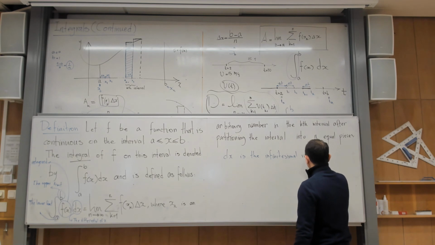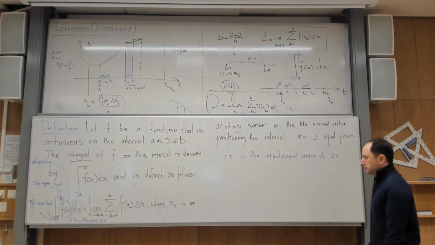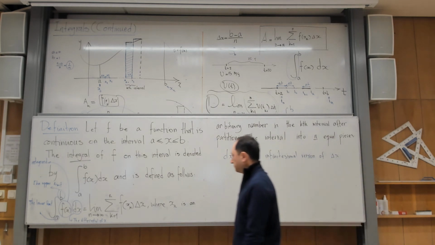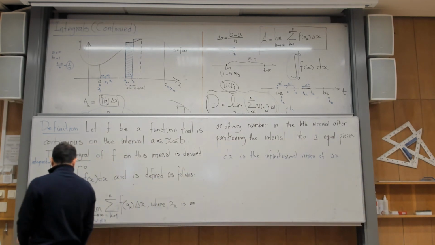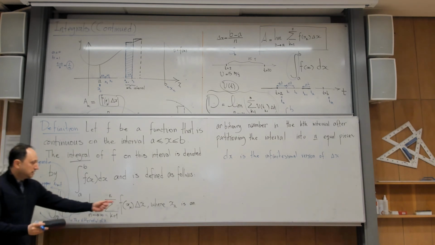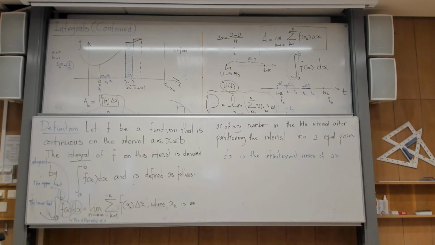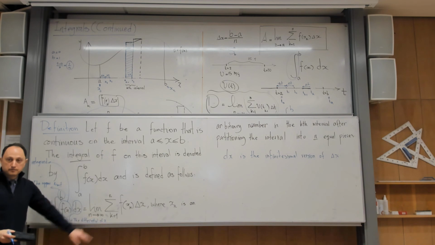And it has another role for you, I will talk about that, but you can imagine a very, very small delta x, we call it dx. So these names I want you to know: the lower limit, the upper limit, the integrand, the differential of x.